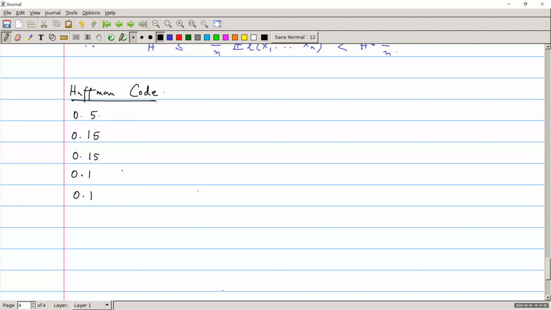We pick the two smallest probabilities and join them into a node. The two smallest probabilities are 0.1 and 0.1, so we join them into a node. Nothing else changes in this step.